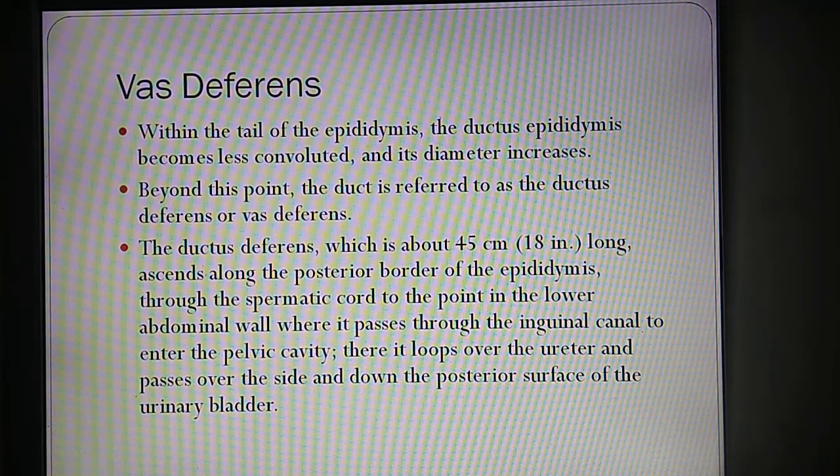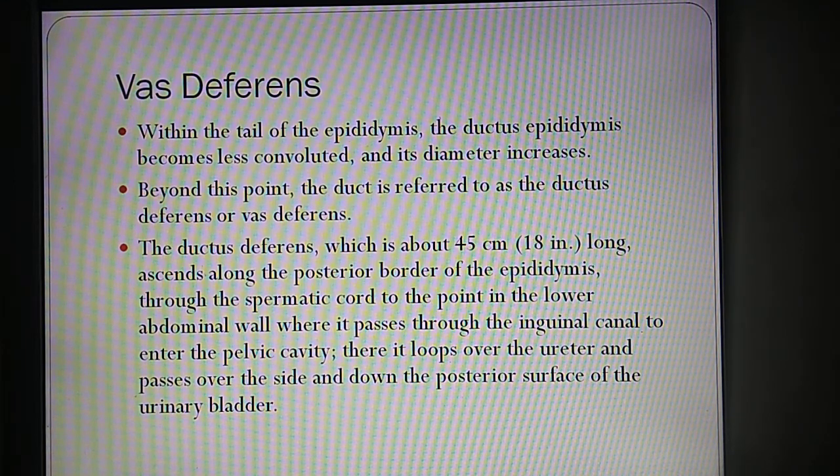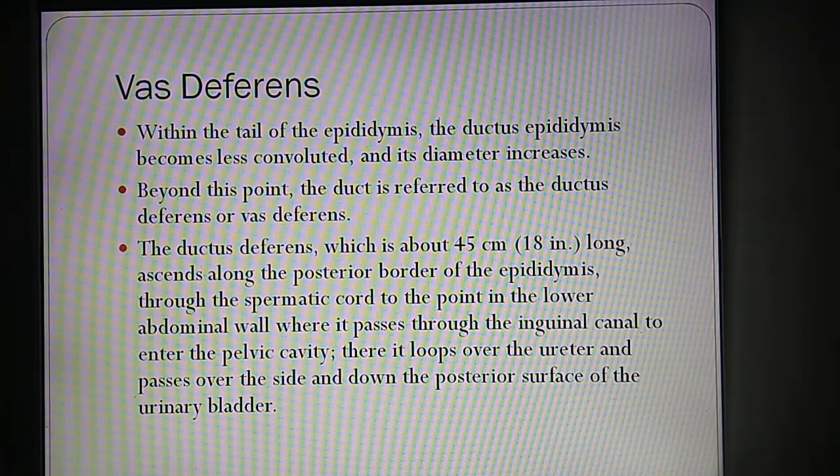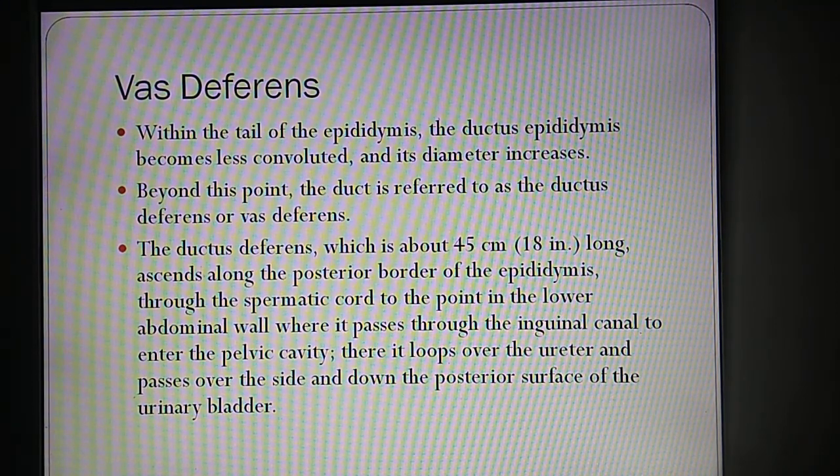The ductus deferens, which is about 45 centimeters long, ascends along the posterior border of the epididymis through the spermatic cord to the point in the lower abdominal wall where it passes through the inguinal canal to enter the pelvic cavity. There it loops over the ureter and passes over the side and down the posterior surface of the urinary bladder.